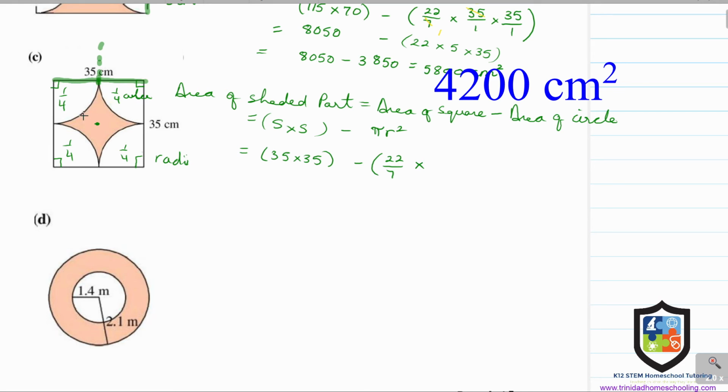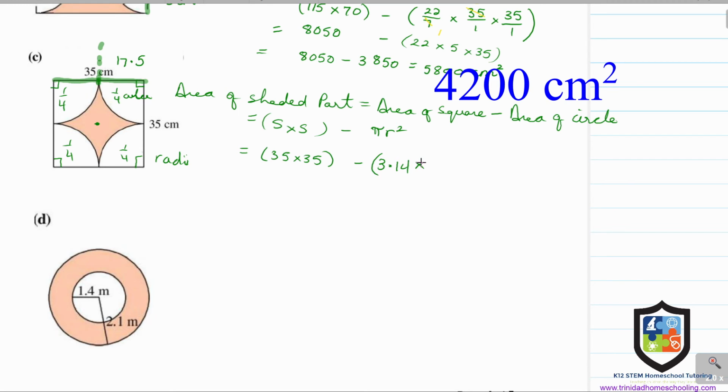So my radius is actually half of this 35 centimeters. And what is half of 35? That is 17.5. Right? 17.5. Now because I have a decimal here, I'm going to use pi as 3.14.